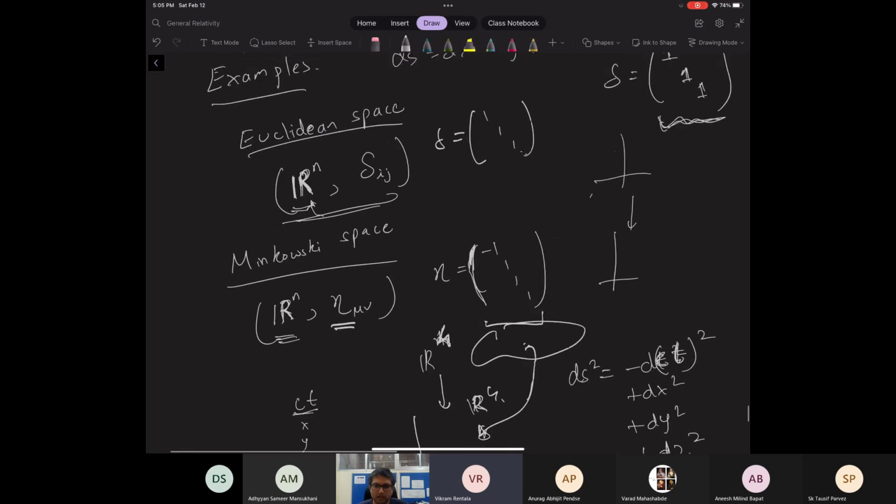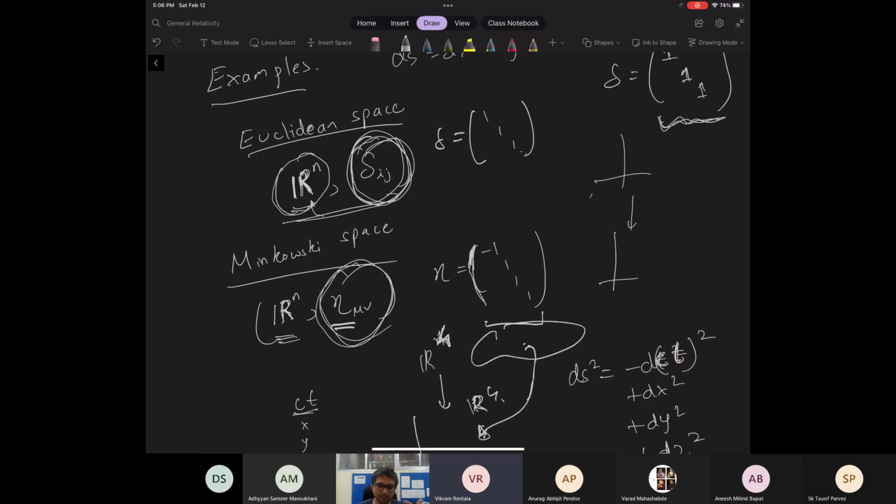So basically the topology of the space plus the metric. Here we understand that there's a single coordinate patch, so it's possible to specify the metric over the entire coordinate patch and say that it's delta ij. Similarly for Minkowski space, you can specify over the entire coordinate patch and say that it's eta mu nu.